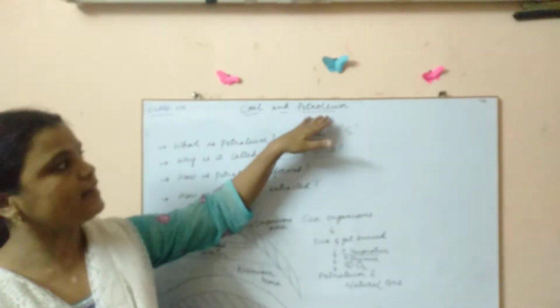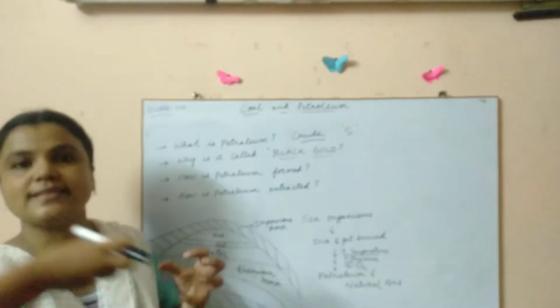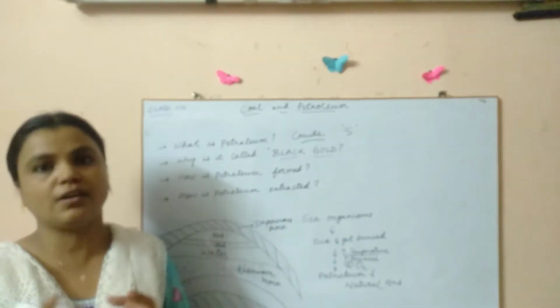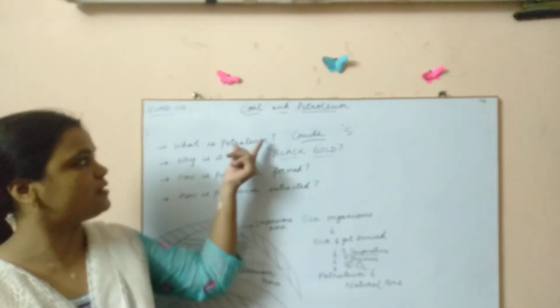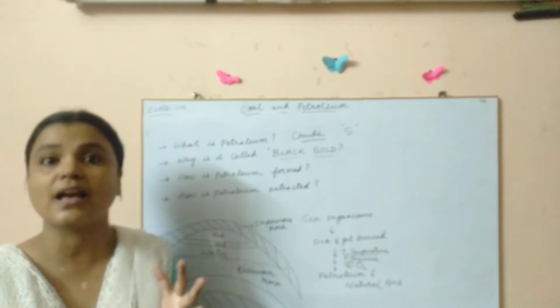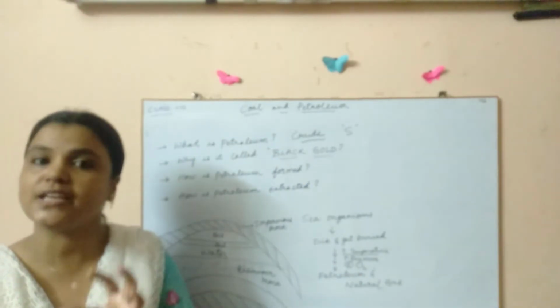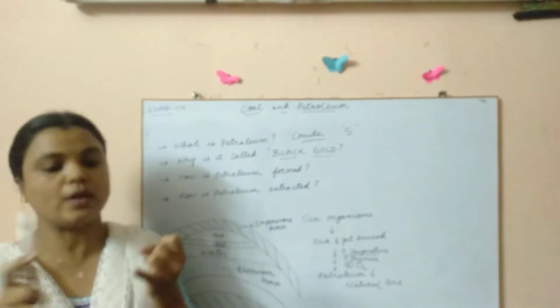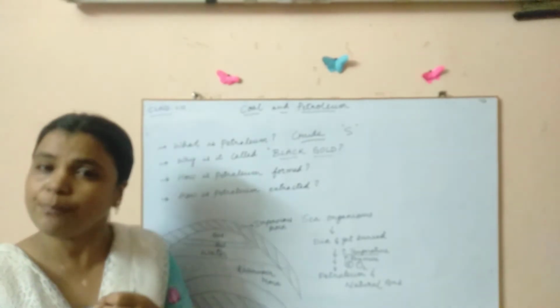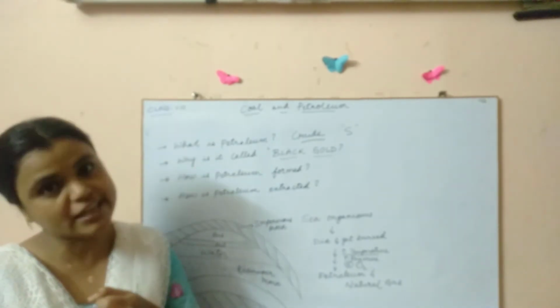If we get this petroleum, then we can extract all these useful components from it by various processes, like how we processed coal also. By destructive distillation of coal, what did we get, children? We got a solid compound, a liquid compound, and a gaseous compound.